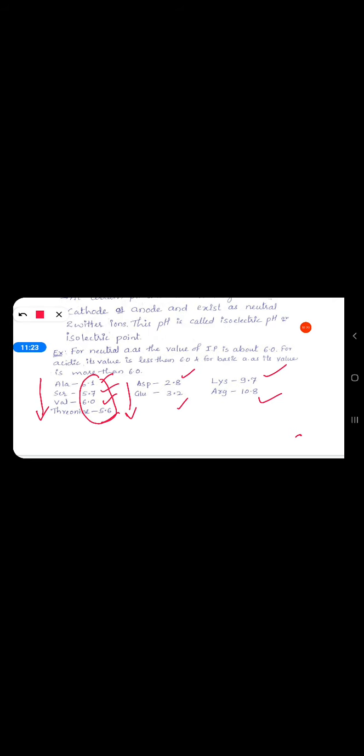So this isoelectric pH is a characteristic value of each amino acid, which is used to identify the amino acids and also to separate them from a mixture. Today we discussed one important point, the Zwitter ion.